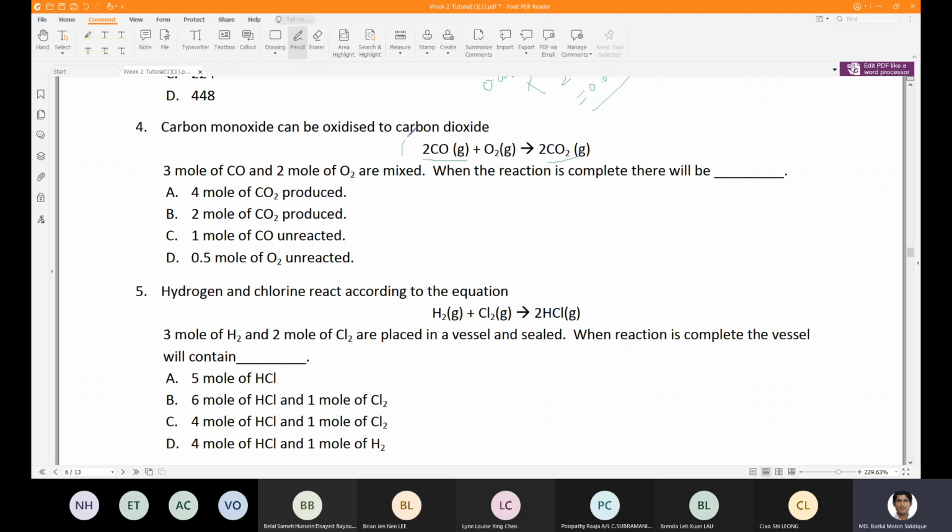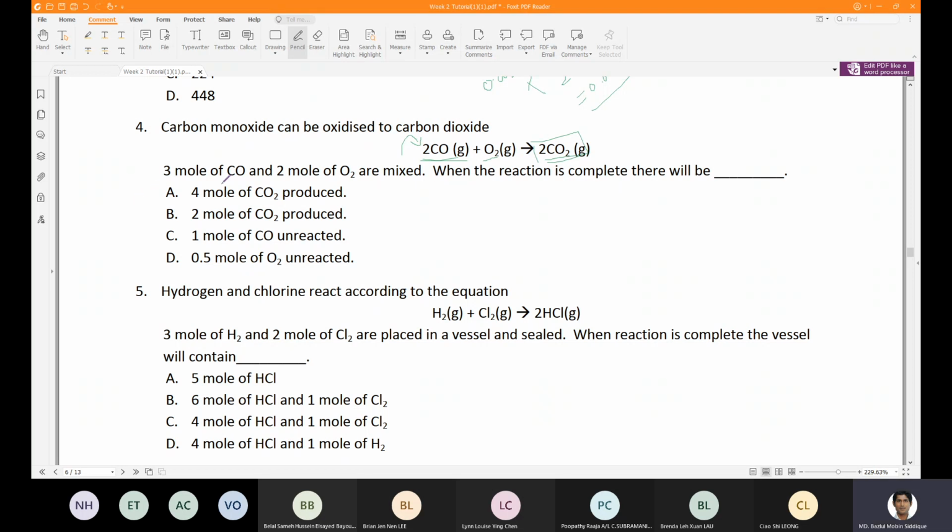This equation is balanced: 2 moles of carbon monoxide react with 1 mole of oxygen, producing 2 moles of carbon dioxide.